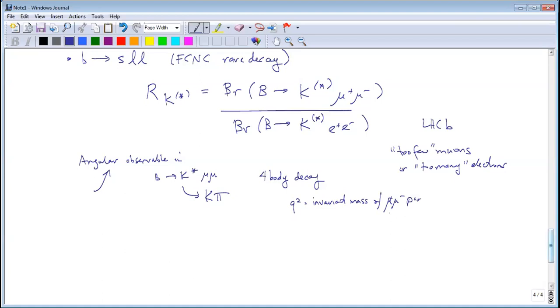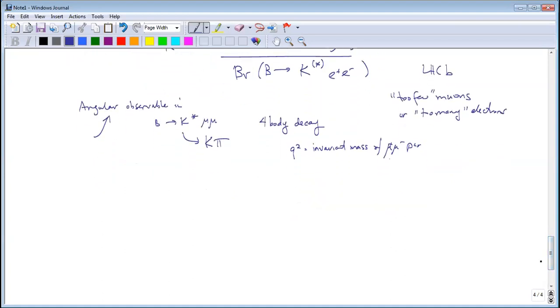Okay. So let's just think about what the differential decay rate might be a function of in such a situation. Basically, this is going to be a function of Q squared, and then let's try to draw a figure. Let's imagine here's a B, and we're going to draw things in the typical picture.